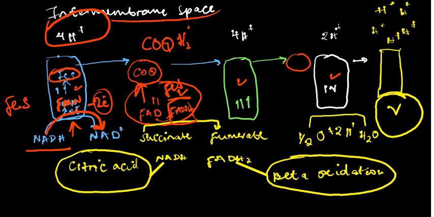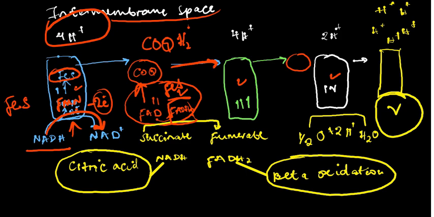This coenzyme Q H2 is the one that's able to transport those electrons. So the coenzyme Q transfers electrons to complex 3, and the remaining members of the electron transport chain are the cytochromes.